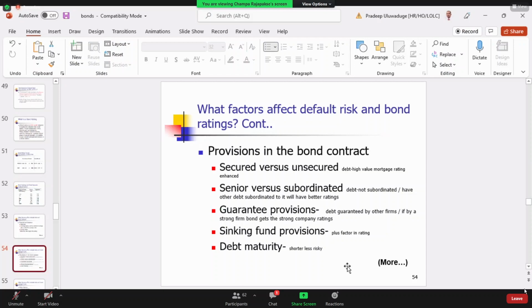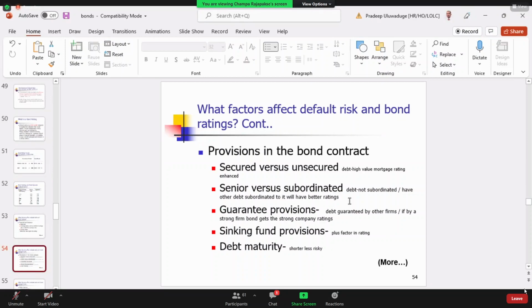Subordinated bonds are two categories of bonds issued with the guarantee of the same set of assets, so the senior one is stronger. If something happens and they have to sell the assets, the senior bondholders get priority in receiving that money compared to the subordinated debt holders. So no subordinated debt will increase the rating.